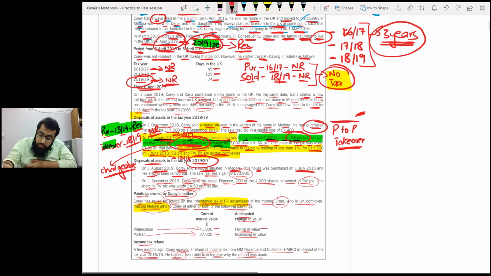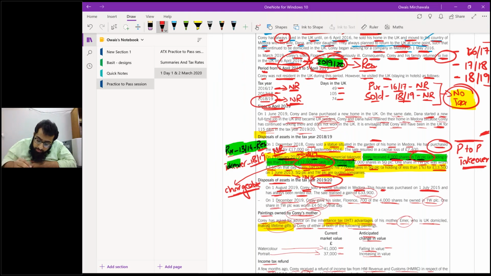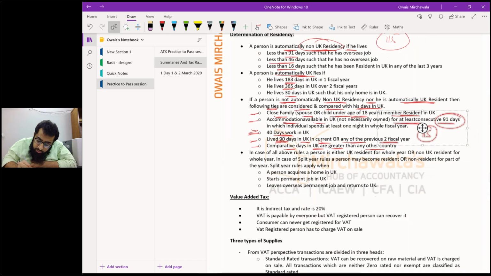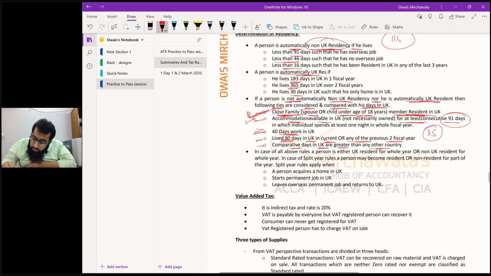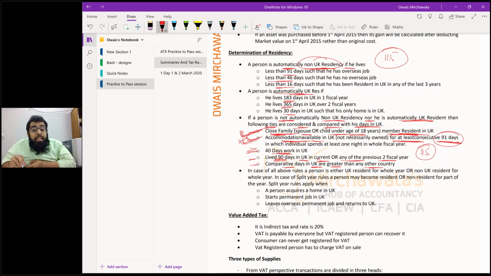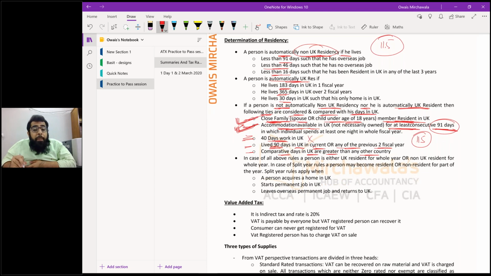Now, if you go back to the summaries and tax rate sheet, this close family tie is established because his wife has become UK resident. Number two, accommodation is available in UK because they purchased a house in UK. 40 days work tie is not established because Corey is not working in UK.